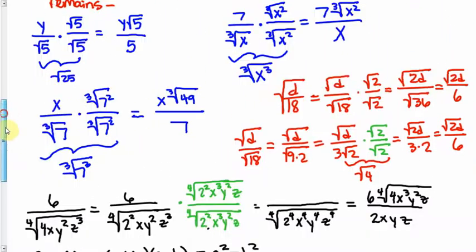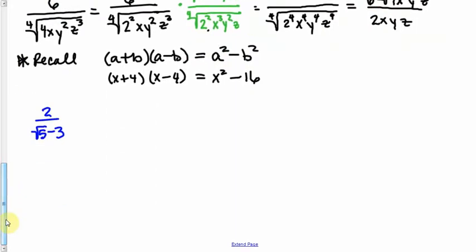They were very simple. There were no plus or minus signs in them, were there? This is a 2-term polynomial. It's a binomial. When you are faced with a binomial that has radicals in it in your denominator, you're going to multiply by the conjugate.